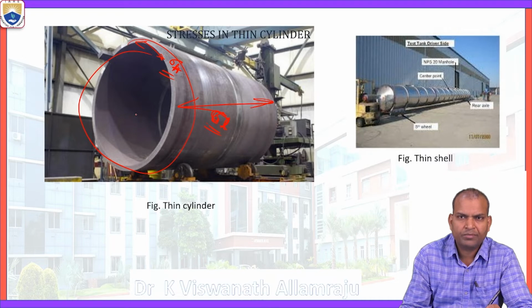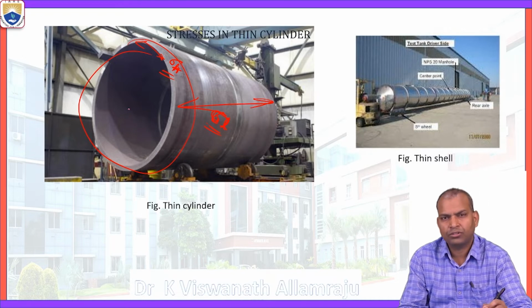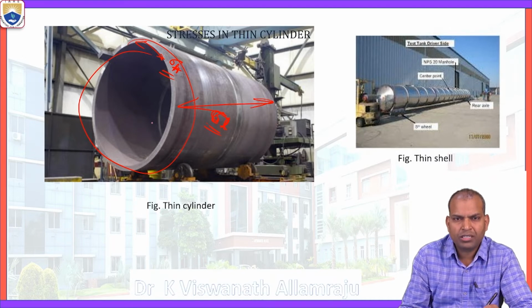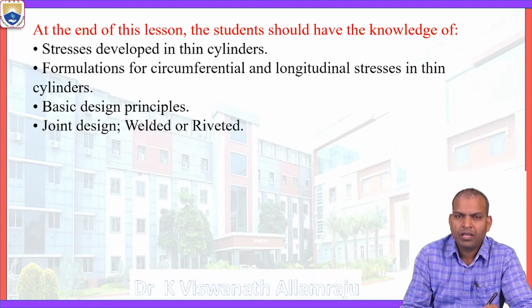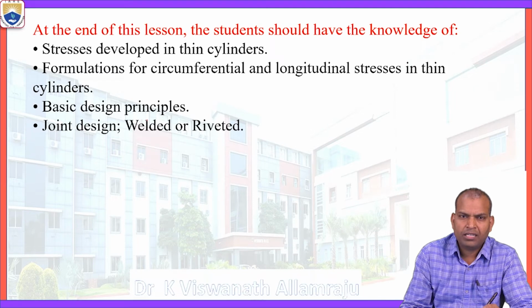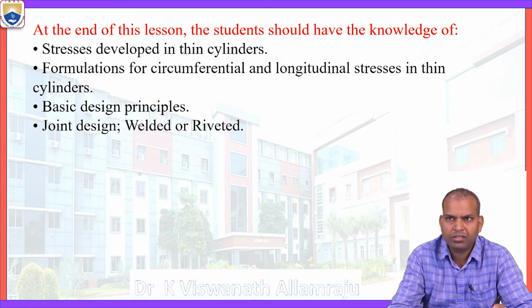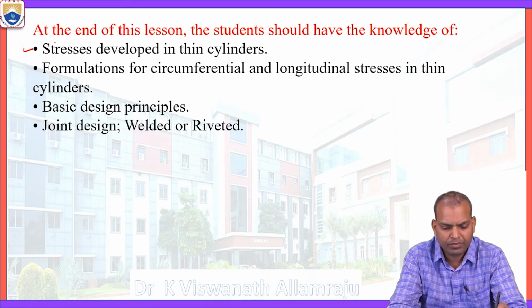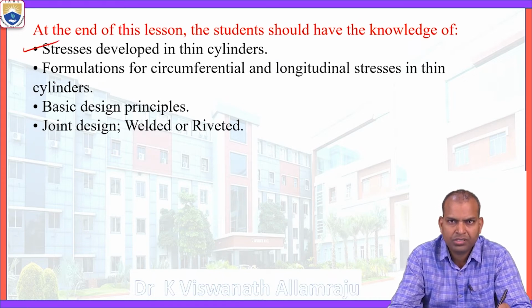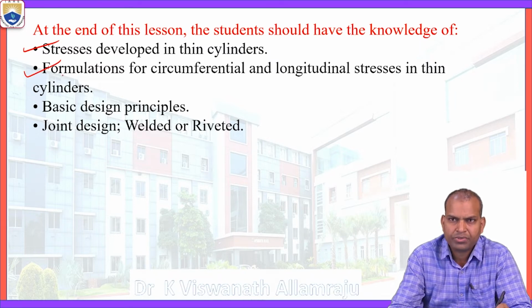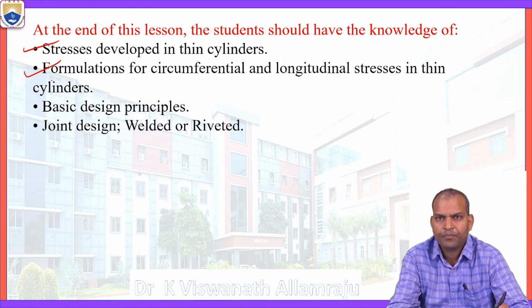These are the various parameters to be considered in order to design for withstanding the hoop stresses and longitudinal stresses. Now, at the end of the session, the student should have knowledge of the stresses developed in thin cylinders and various formulations, such as for circumferential and longitudinal stress in those cylinders.